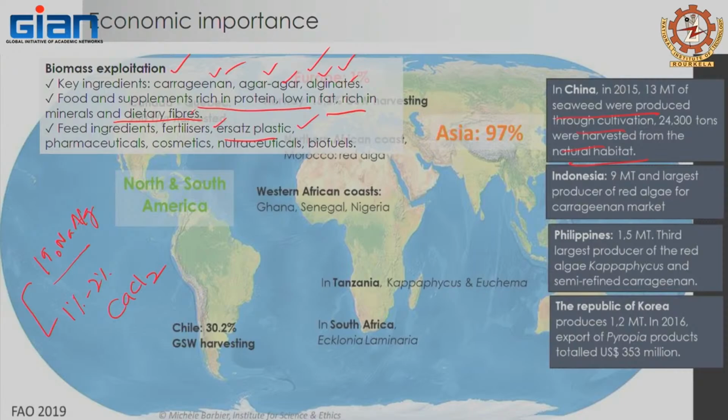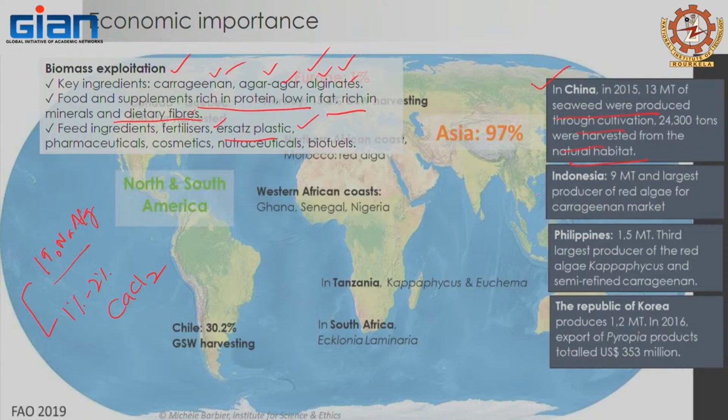Carrageenan is extracted by taking seaweed and boiling it at 90 or 100 degrees for 3 to 4 hours; whatever is extracted in the water, you cool it down, and it forms a gel. That is basically the carrageenan extraction process. If you remove the carrageenan, the leftover biomass will be fiber and protein. Then you use enzymes to break the fibers, you get your sugars, then you have your protein. You will see all those things coming in the next few slides.